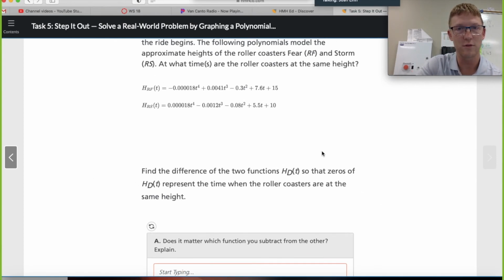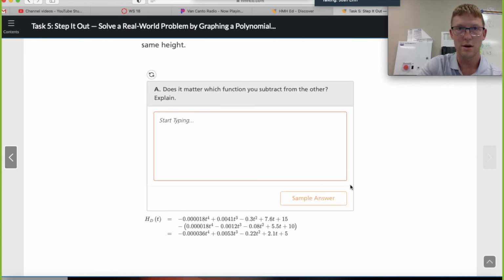So find the difference of the two functions, so that the 0 represents the time the roller coasters are at the same height. Does it matter which function you subtract from the other? It does not. So, again, we had our little equation, and you could subtract one from either one. It doesn't matter.